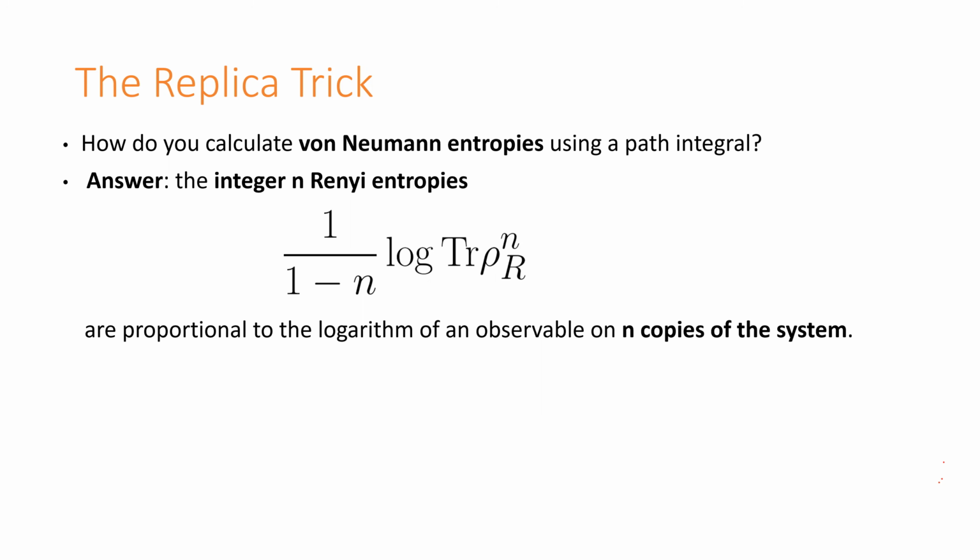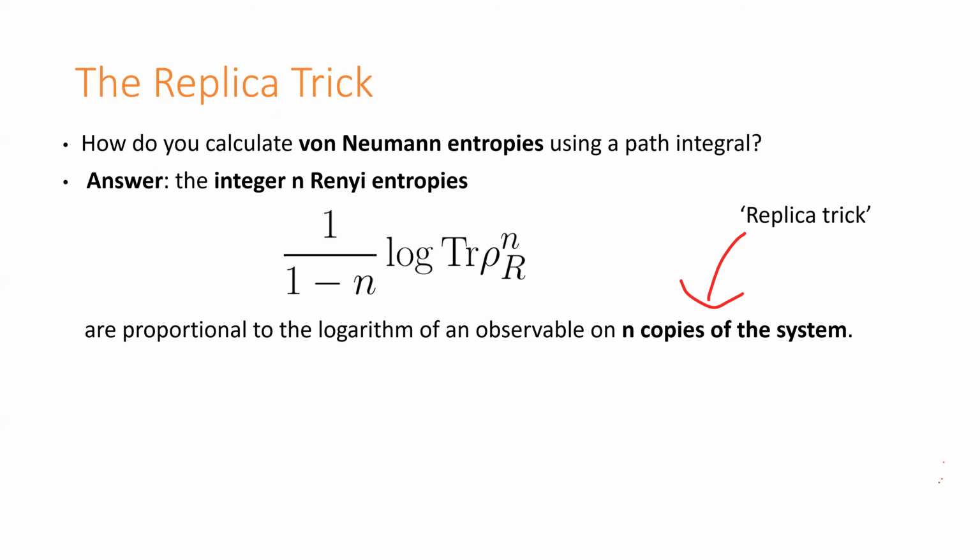And as you can see, this formula is really determined by the trace of rho to the n. The trace of rho to the n is just the expectation value of an operator on n copies of the system. It's just the expectation of the operator that permutes those different copies around in a cycle. So this is something we're going to be able to evaluate with a path integral.